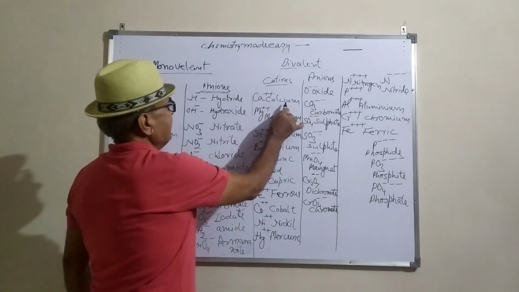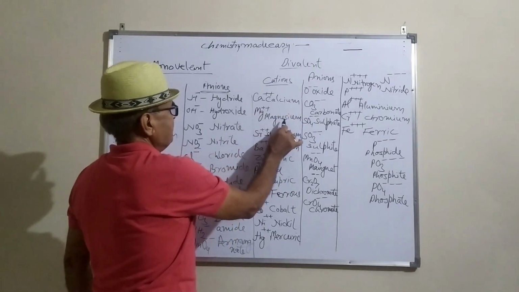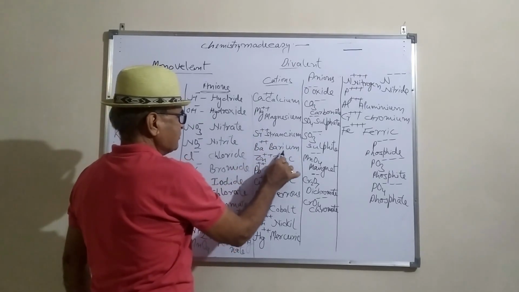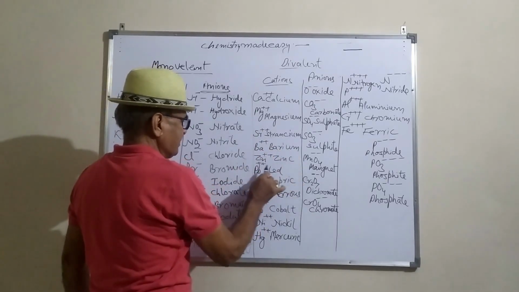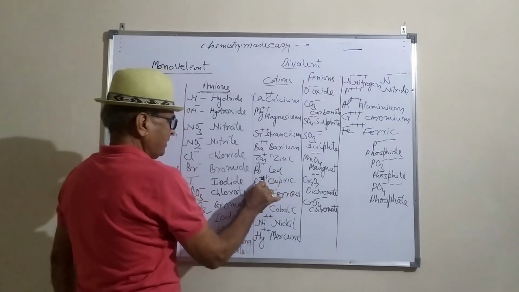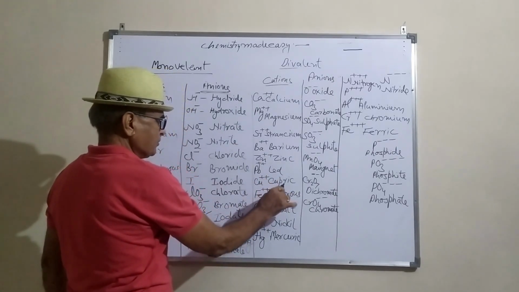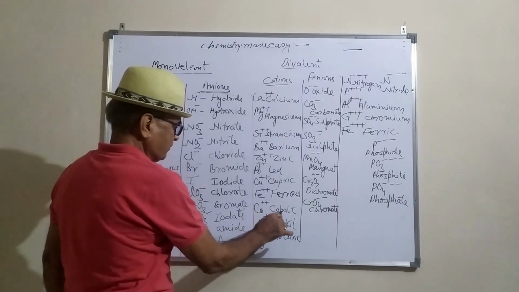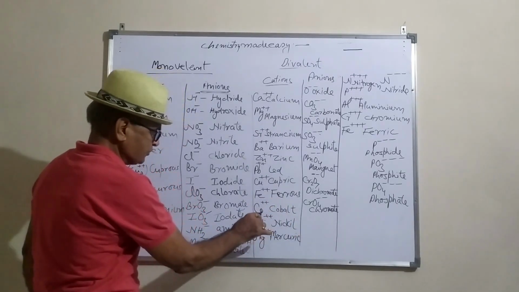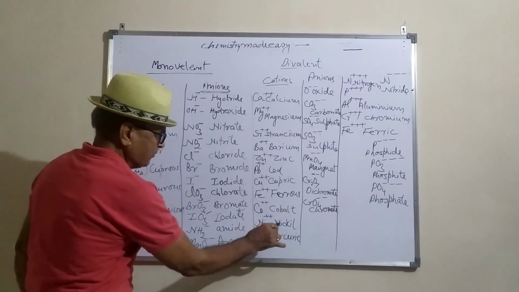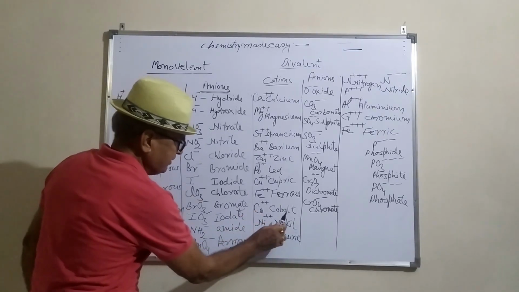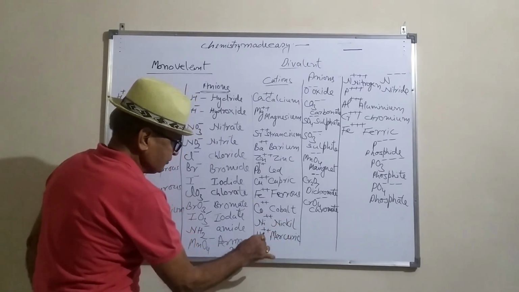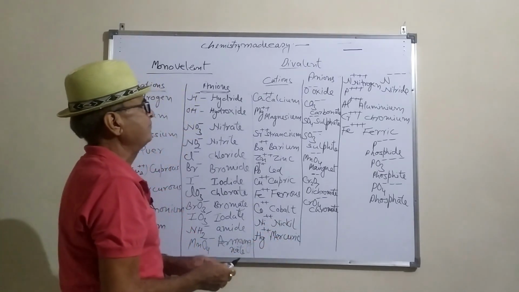Ca double positive calcium, Mg double positive magnesium, Sr double positive strontium, Ba double positive barium, Zn double positive zinc, Pb double positive lead, Cu double positive cupric, Fe double positive ferrous, Co double positive cobalt, Ni double positive nickel, and Hg double positive mercury.